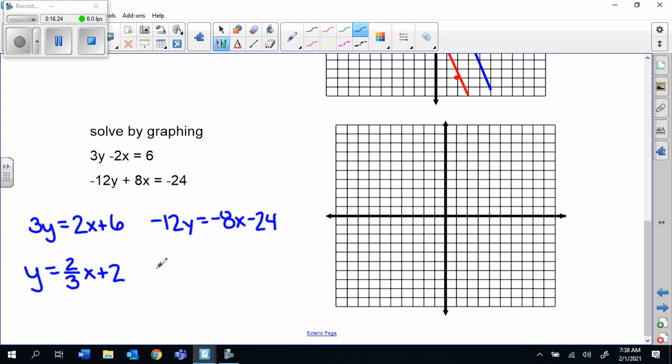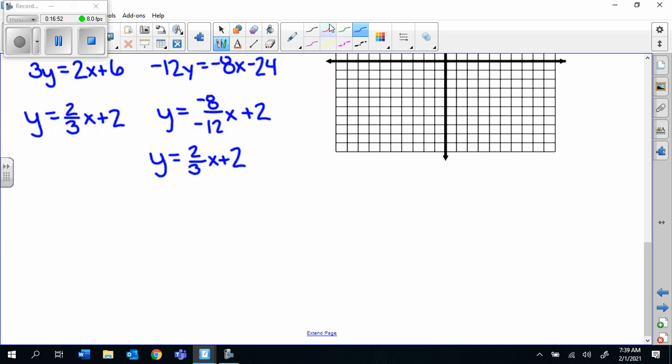And then if I divide everybody by 12, I get negative 8 over negative 12x. A negative 24 over a negative 12 is a plus 2. And then if I simplify this fraction, both of them are going to be positive. And I can take a 4 out. So it actually reduces all the way down to 2/3 x plus 2.